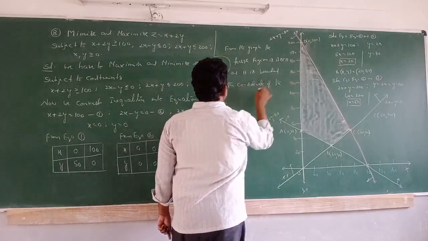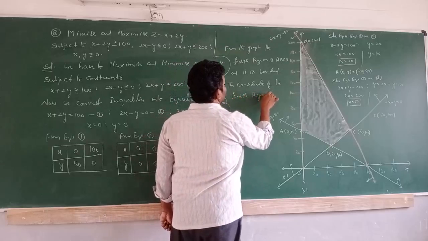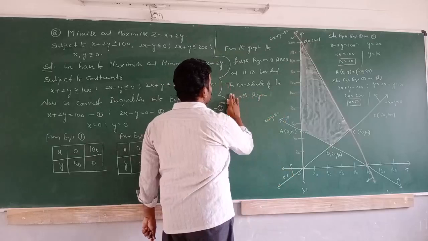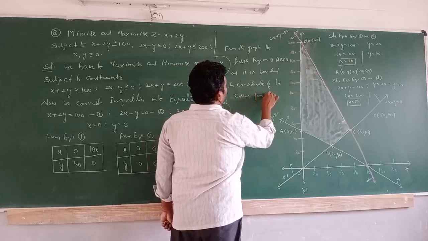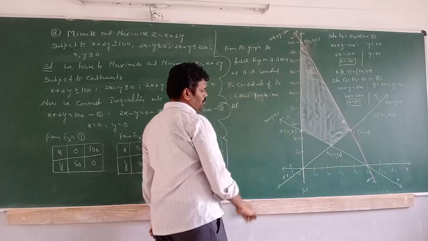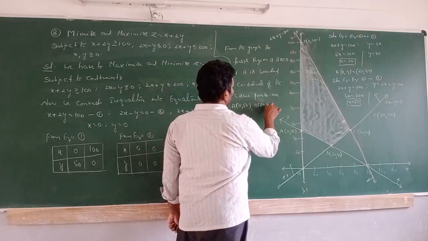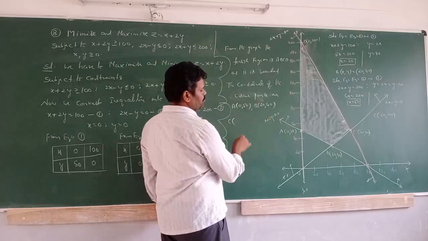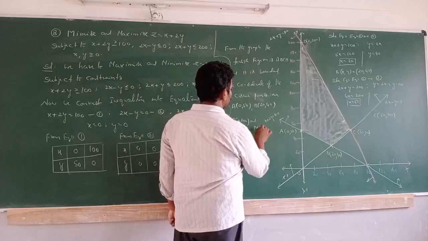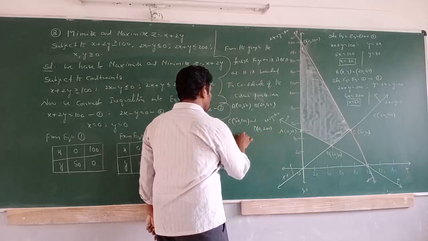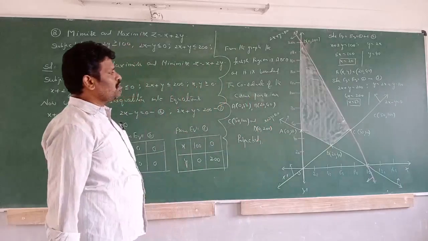The coordinates of the corner points are A of 0, 50, B of 20, 40, C of 50, 100, and D of 0, 200 respectively. So first we find out the corner points from the graph.